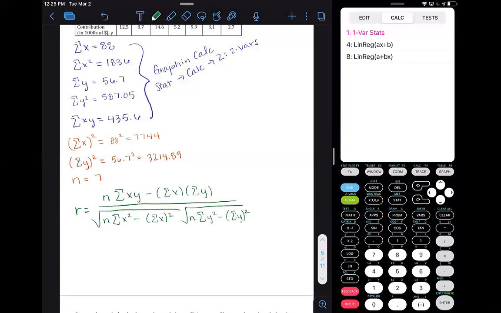And then we're plugging in what we know. So r equals 7 times 435.6 minus 88 times 56.7, divided by, so our first square root, 7 times 1,836 minus, we already found it, so minus the 7,744.